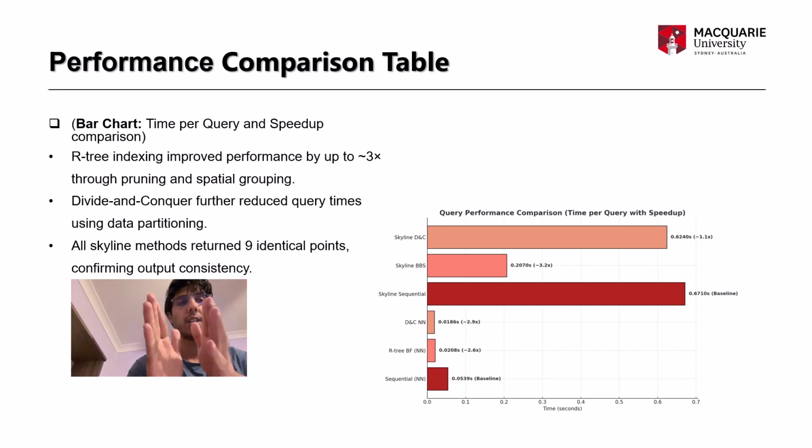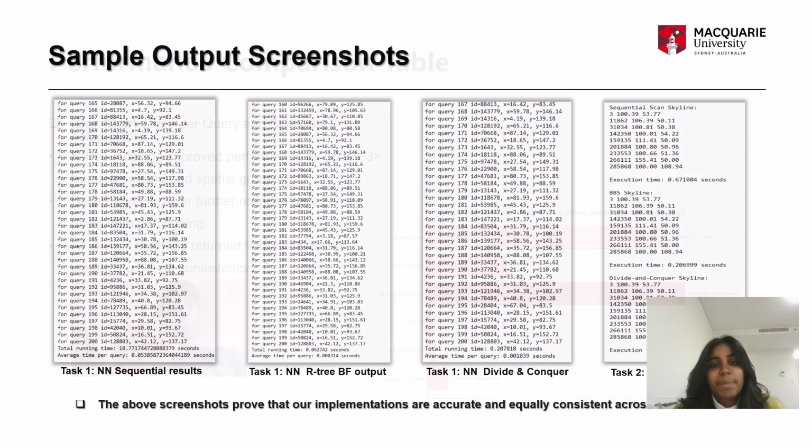And importantly, despite the performance difference, all skyline methods returned the same set of 9 points, reinforcing output consistency and correctness. We also noticed that branch and bound performs best when skyline sizes are small because fewer dominance checks are needed, while divide and conquer shines on balanced and well-partitioned datasets.